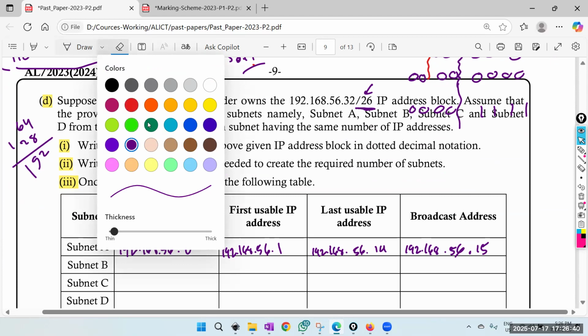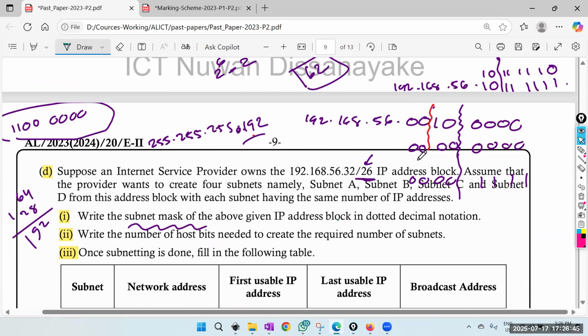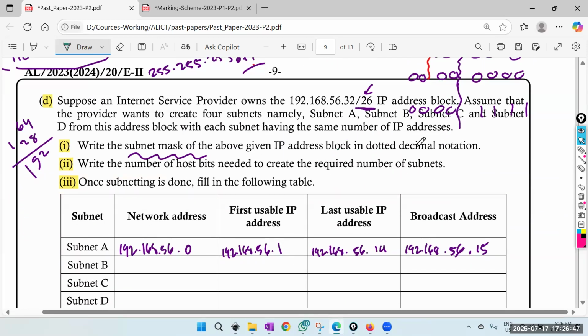Okay. So next I will take the next bit pattern, that is 0001. 0001 0000 is my first address. 0001 1111 is my last address. That will be 192.168.56.16, anyway, it is one bigger than this.